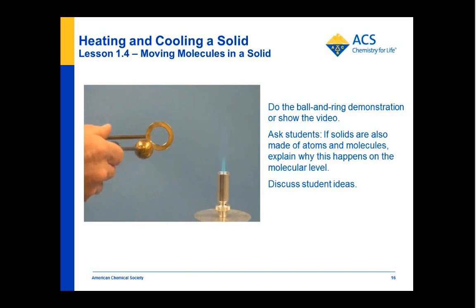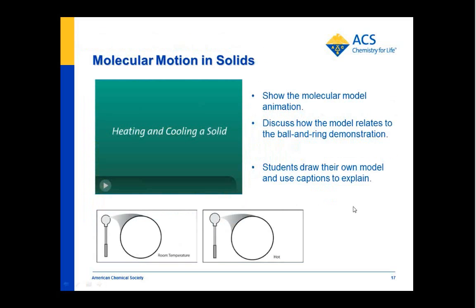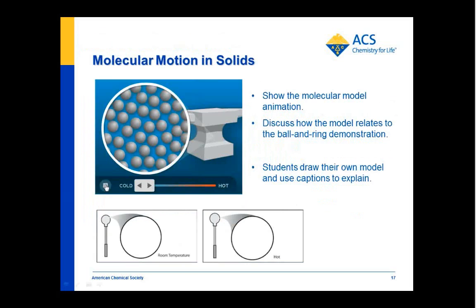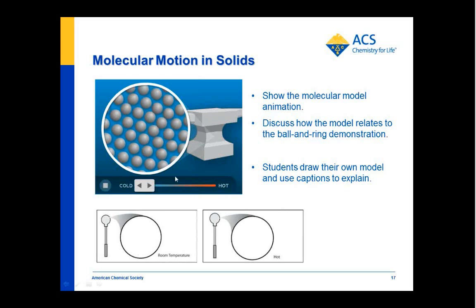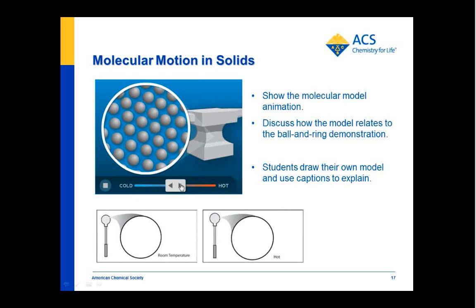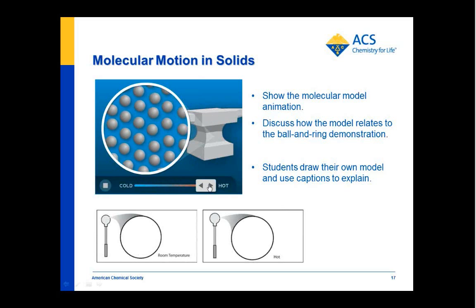So does this have anything to do with what we know so far about atoms or molecules or molecular motion, heating and cooling? Well, let's see. Here we have an anvil, which many kids won't know what that is, but tell them it's a very big piece of metal. If you heat this solid, the particles move faster and get a little further apart.